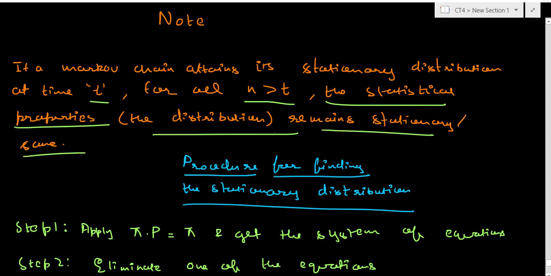So once a stationary distribution is attained, every time you multiply that stationary distribution with the transition matrix, you would get the same stationary distribution, so the statistical properties would stay the same. This means that once a Markov chain transitions into its stationary state, it tends to stay stationary forever, right? So once it's stuck there, it will keep on staying there. That is the idea here.